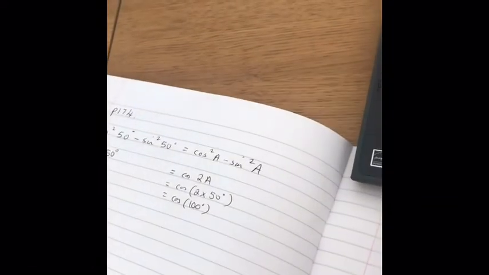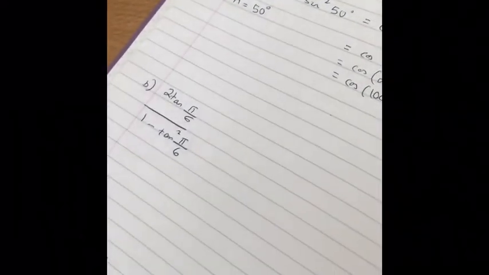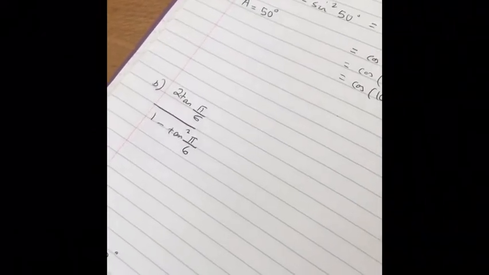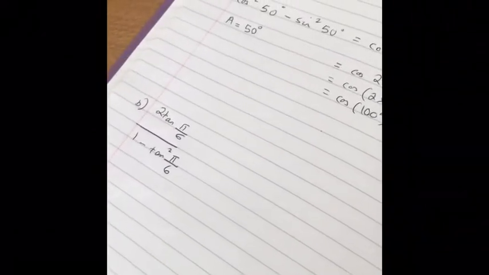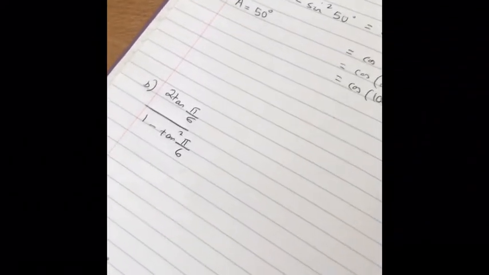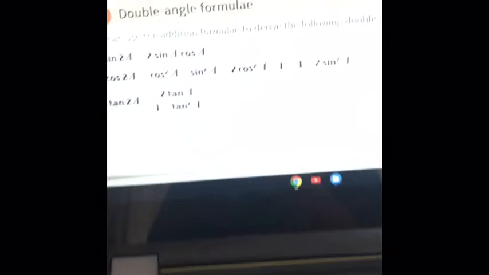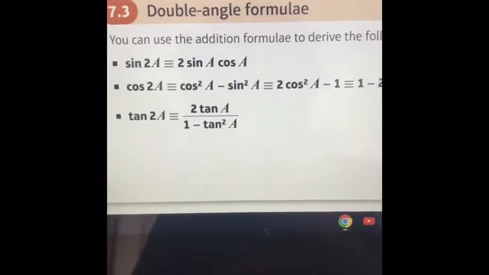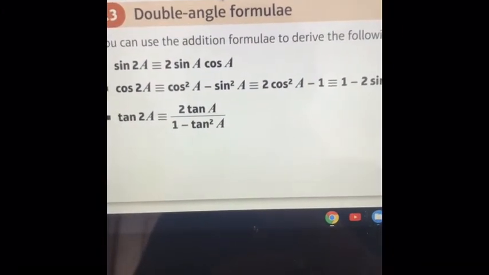Okay, the next one says, can you rewrite this one, 2 tan pi by 6 over 1 minus tan squared pi by 6? Can you write that as a single trig ratio? Okay, so that looks like it's the double angle formula for tan. So I'm just looking at that over here. And it looks like A is pi by 6.